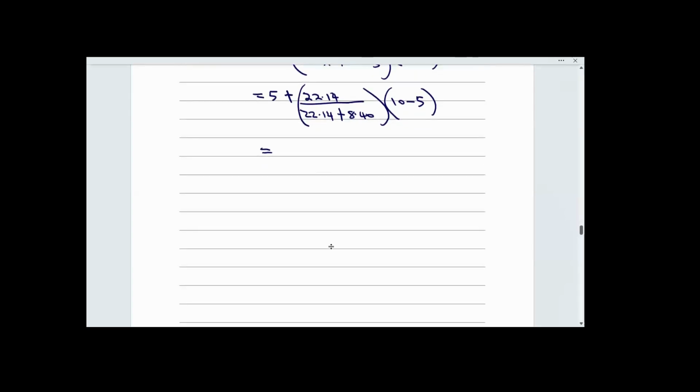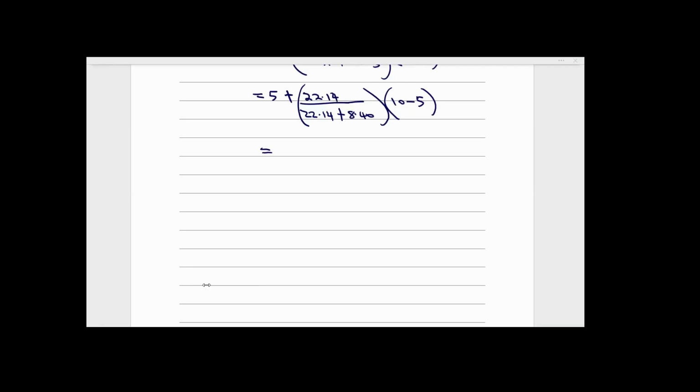22.14 plus 8.4 gives 30.54. So 22.14 divided by 30.54, multiply by 5, plus 5.